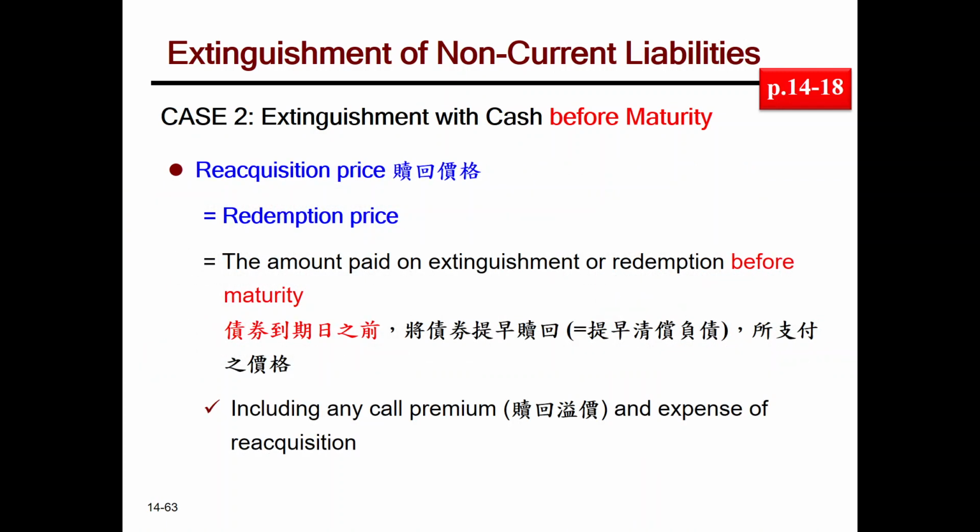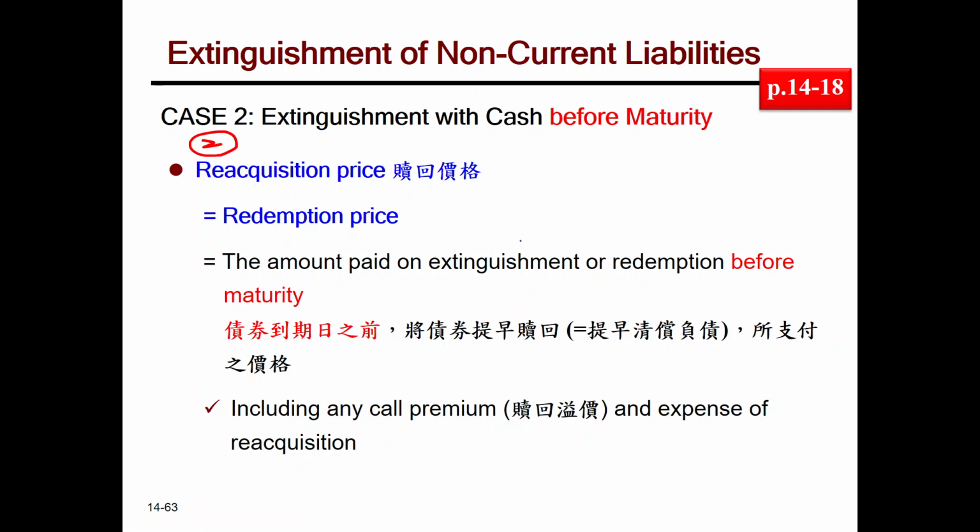So the second number we should find out is on your slide 63. Reacquisition price, redemption price, 赎回价格. How much money you should pay in order to buy back your bond. So this is the second number you should find out. Okay? But we determine the numbers when you issue the bond. It's on your contract already.